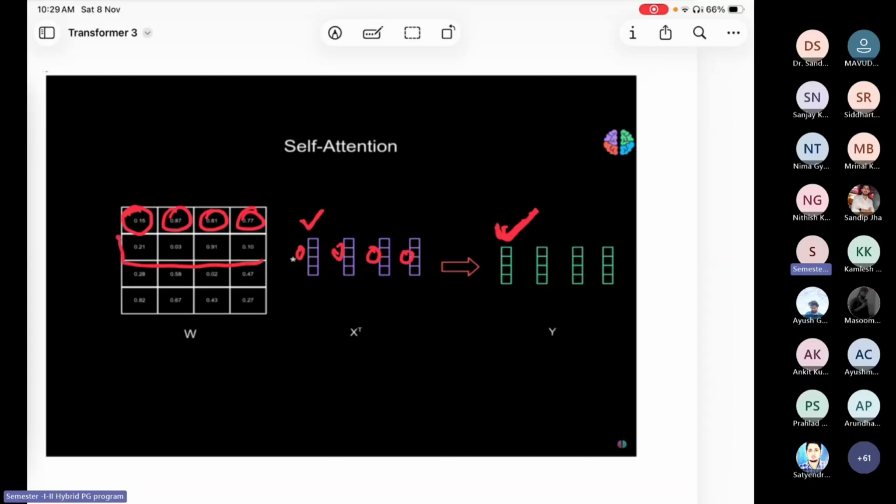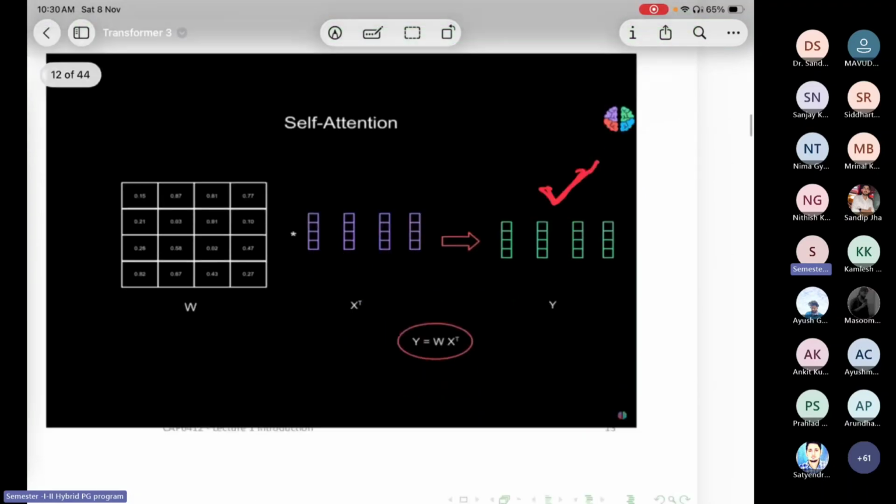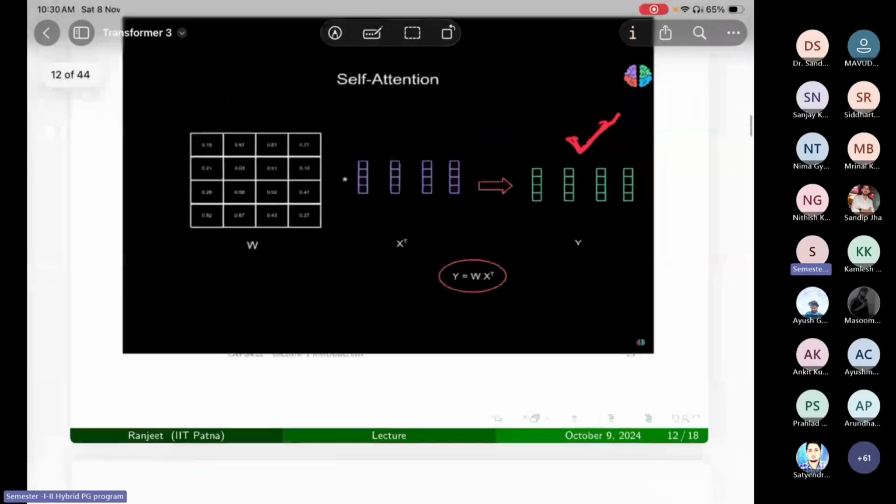Similarly, for the second vector, this will be multiplied with this, this, this, and this, and then sum it, that will give you the second. So now you are just defining every x vector. So it's a very, very simple formula. Y equal to W xt, and that will give you the refined feature vector.